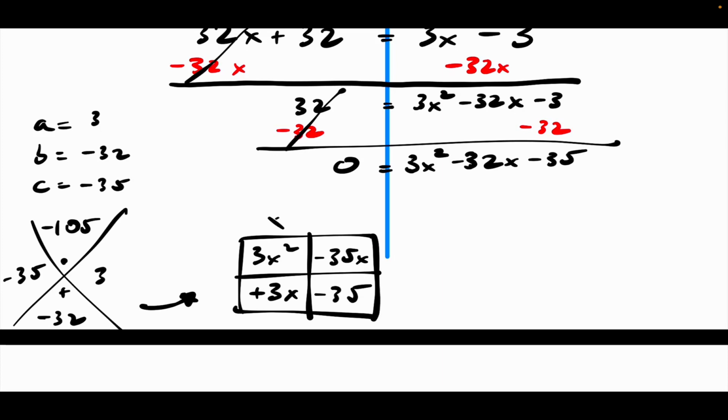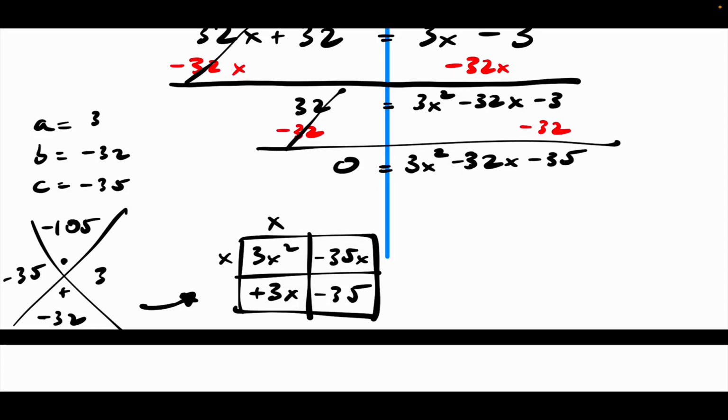Now I got to figure out what multiplies to be 3x squared. Well, x times x, 3 times 1, right? I got to have a 3 on the side or a 3 on the top. A 3 on the left side won't work because 3 doesn't go into negative 35. There's nothing, 3 times nothing makes negative 35.